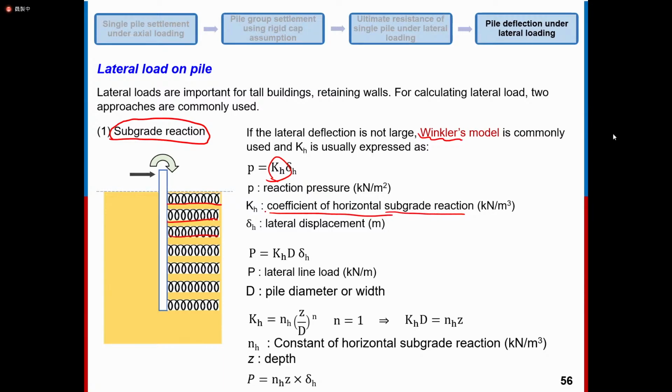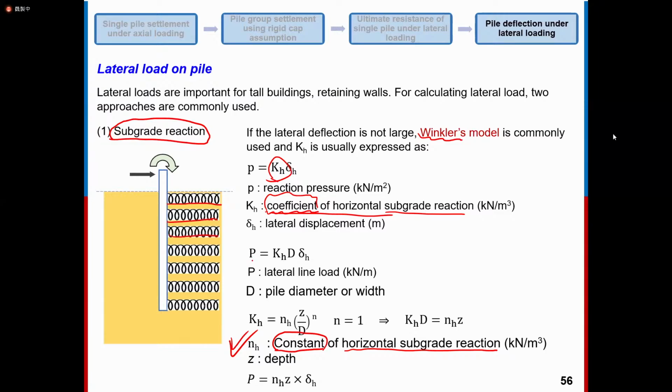Be careful, here it is coefficient. Later we introduce a new parameter called constant. Constant means the value will not change. The constant of horizontal subgrade reaction is more commonly used in the design code. We will discuss this a little more later.